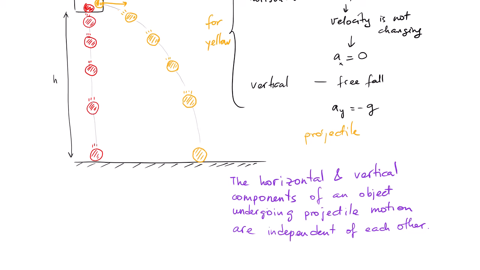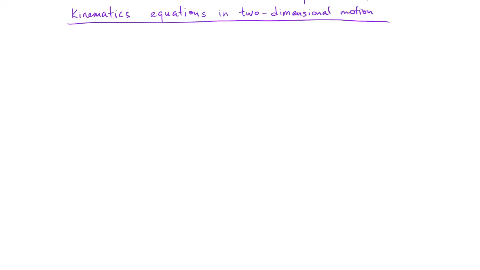For that, we want to summarize in notation form the kinematics equations for x and y components. Well, let's make a chart. I'm going to write the x component of the motion on the left side, and then the y component of the motion on the right side.